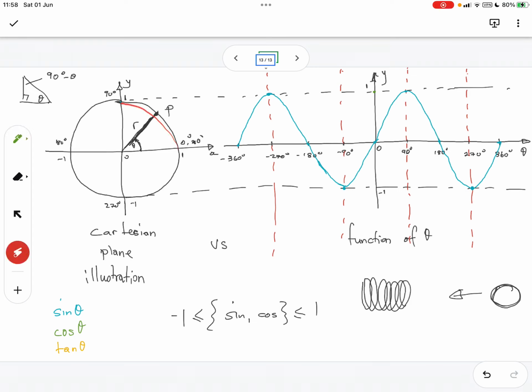Right? Then at 90 degrees, at this part here, what's the value of x? It's 0. So if the value of x is 0, then our graph comes here at 0. Sorry, at 90 degrees, y equals 0. At 180 degrees, which is this point here, x equals negative 1.